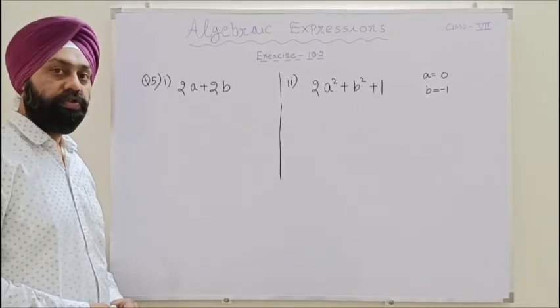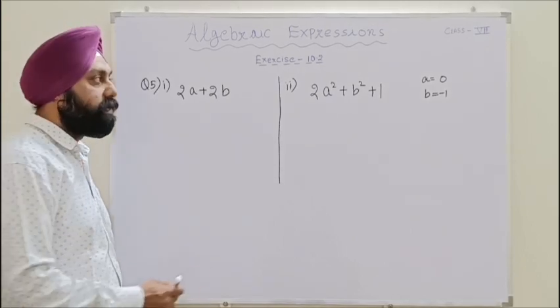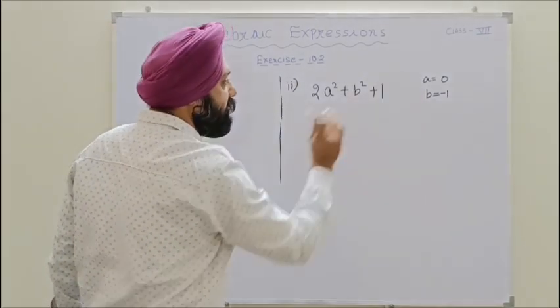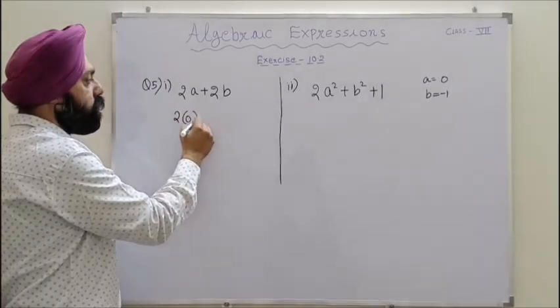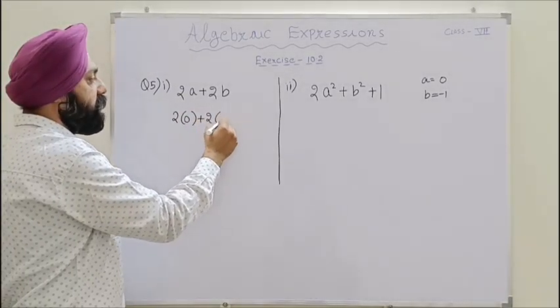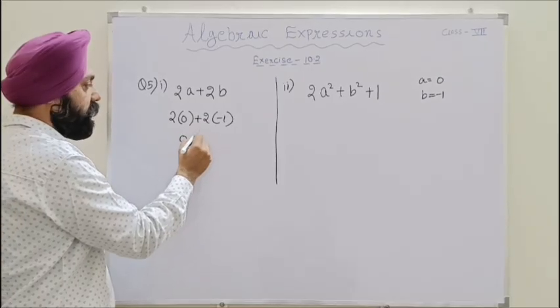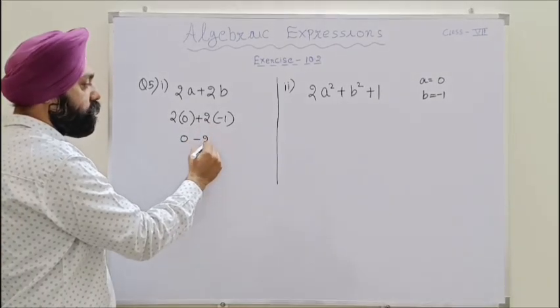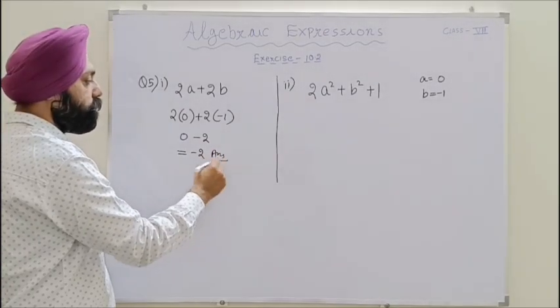So moving on to question number 5, first part, 2a plus 2b. Now the value of variable a is 0 and b is minus 1. So we will put the value of a as 0. So 2 times 0 plus 2 times minus 1. 2 into 0 will give 0, and 2 into minus 1 gives minus 2. So the answer is minus 2 for this part.